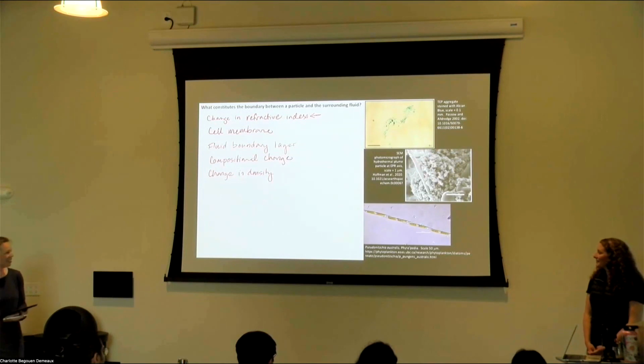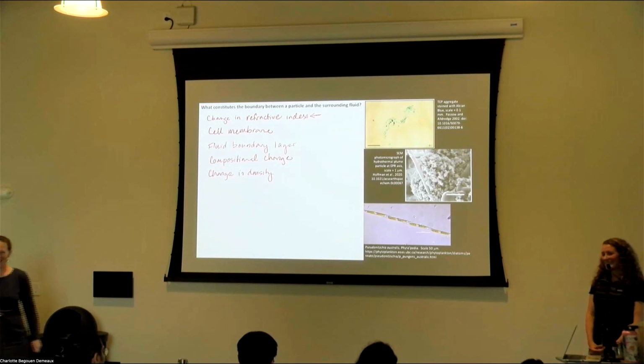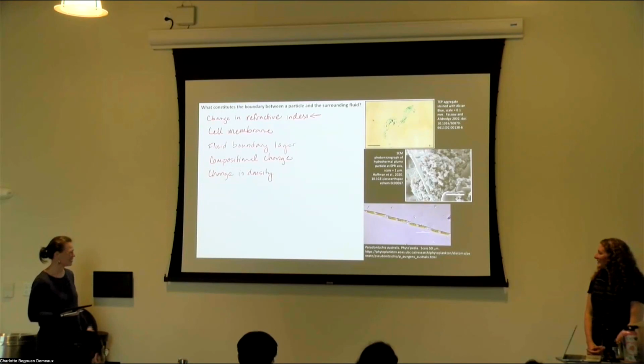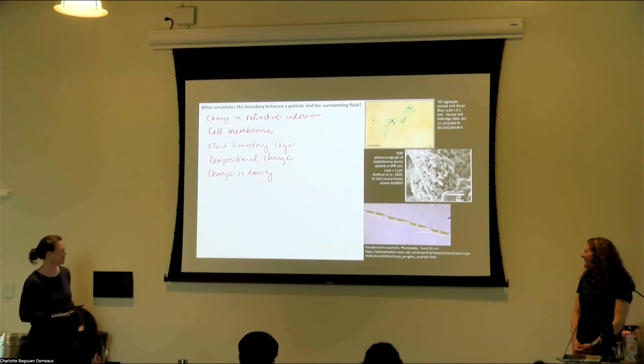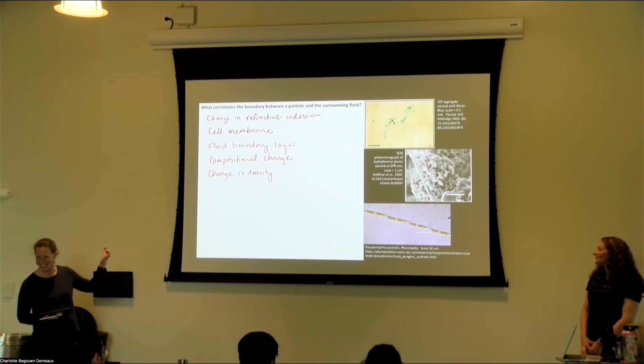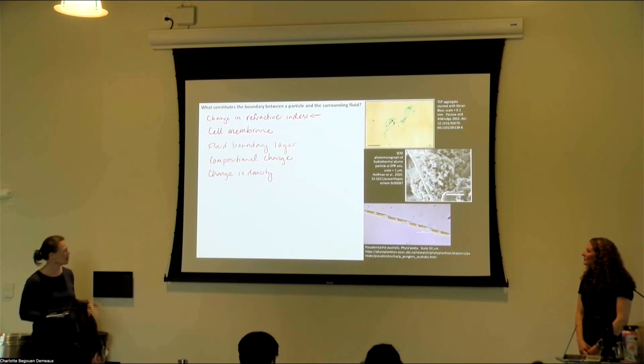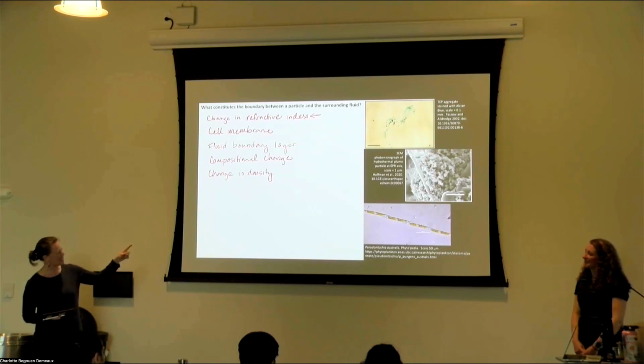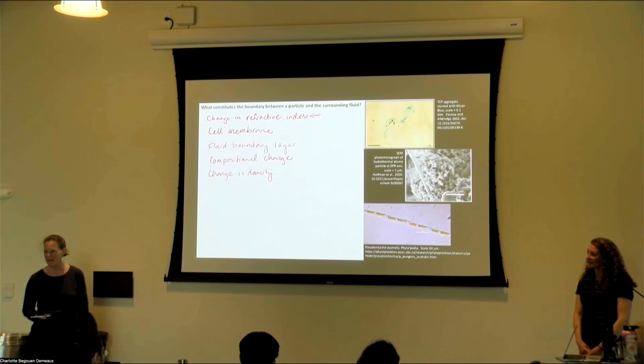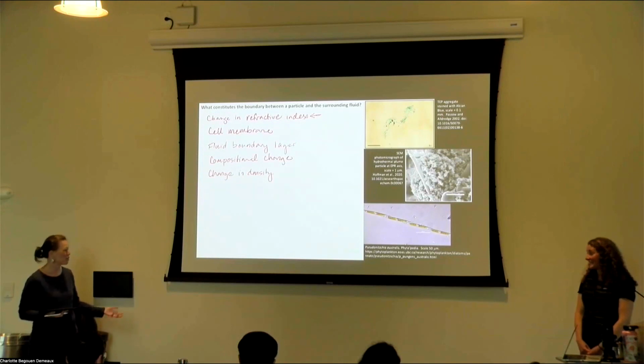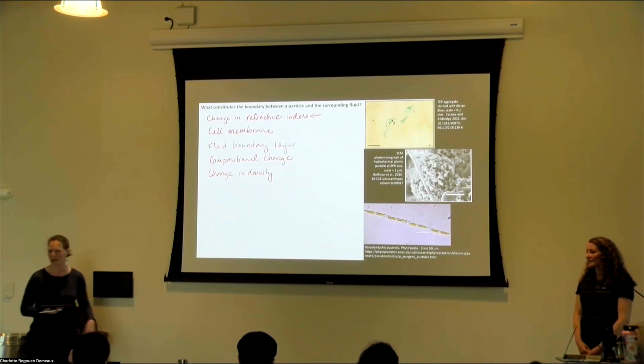And then finally, this is the diatom chain, which I think we already saw. Here we've got a bunch of particles with probably more clearly defined edges, but in a chain, right? So there's the boundary of one cell and the boundary of the next cell and the boundary of the next cell. So what is our optical definition? Right? So there's sort of overlapping definitions of what is the particle.